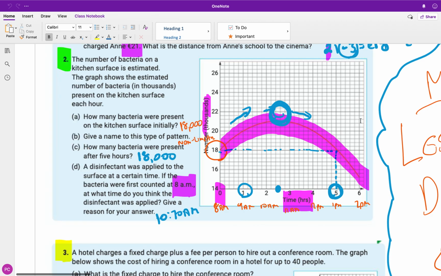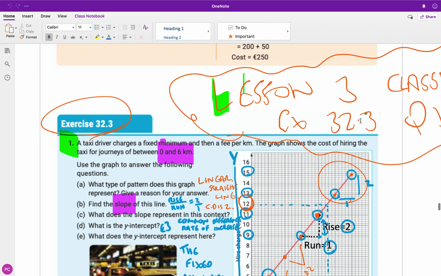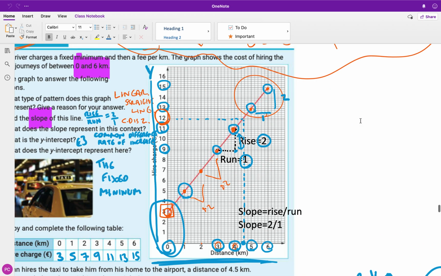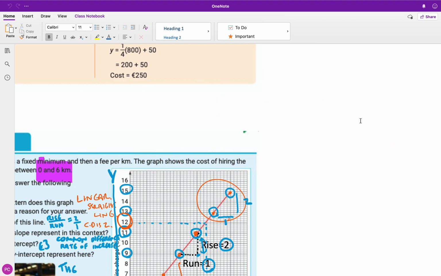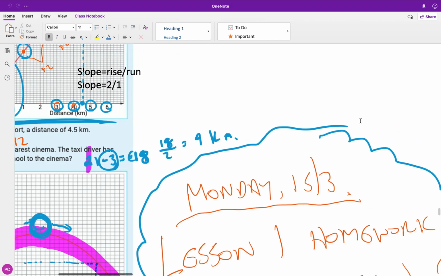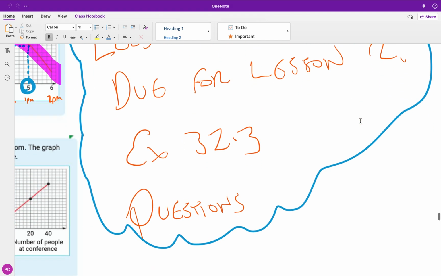Okay, for tomorrow I'll get rid of this up the top so it's not confusing people when you're working on this. I've given you these ones here. This is your lesson 1 homework due for lesson 2.